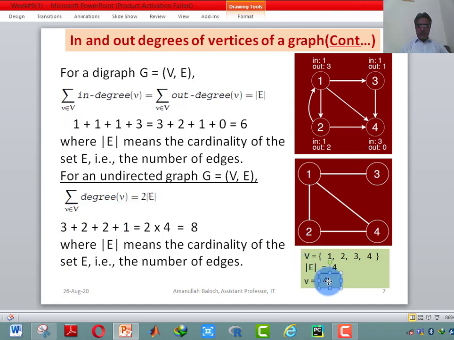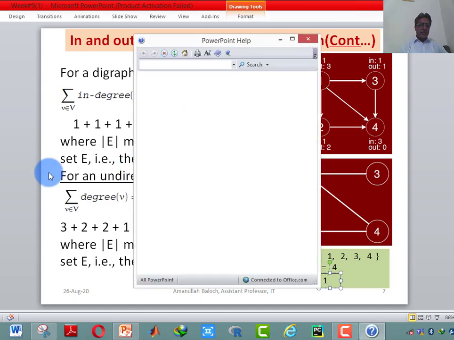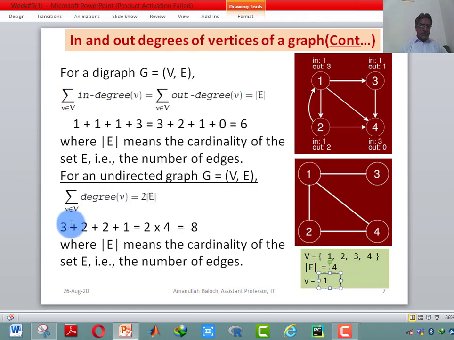We will take the first node, that is 1. What is the degree of 1? 1, 2, 3. Three edges are incident on this vertex, so its degree is 3. We will take 3, then summation will play the plus, and then the degree of the second node is 2, we will take 2.